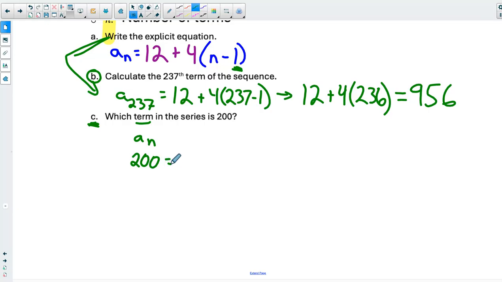It's telling me to use my explicit, so the 12 plus 4. And now it's saying, instead of figuring out what the 237th term is, now I'm going kind of backwards. Now I'm looking for that n right there. So how do I find that n?